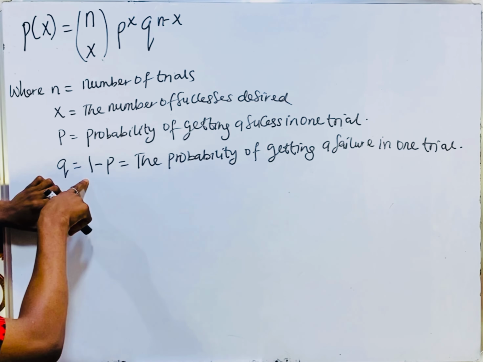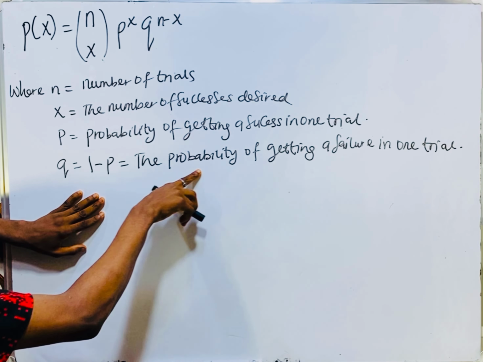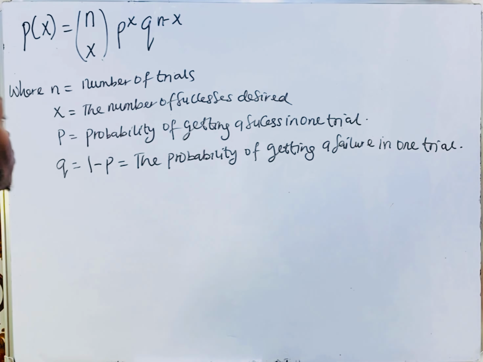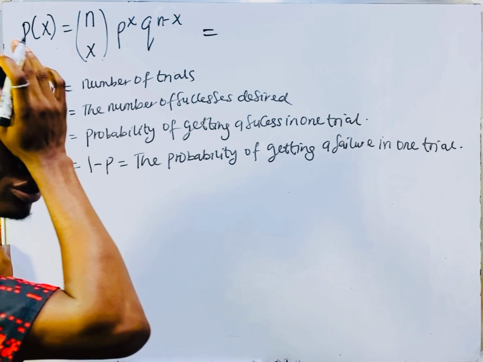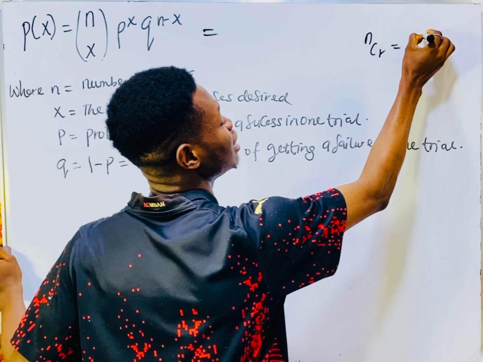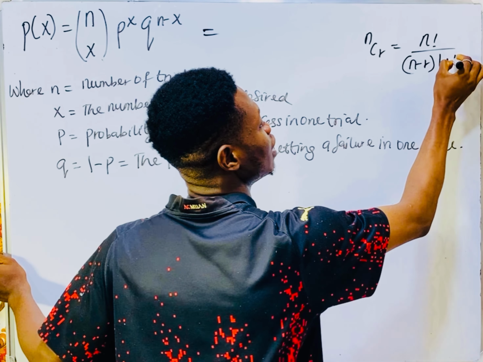So q is equal to 1 minus p, which is the probability of getting a failure in one trial. So you know that from the combination formula, when you have n combination r, that is equal to n factorial over n minus r factorial times r factorial.